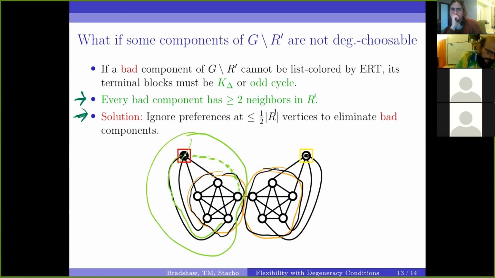So if we have 2 or more blocks, we have at least two vertices in R prime, and we can discard one of them and put it back, and it creates a block which is not a complete graph or odd cycle, and therefore this component by Erdős-Rubin-Taylor is degree choosable, and therefore we can use the requested colors on modified R prime.